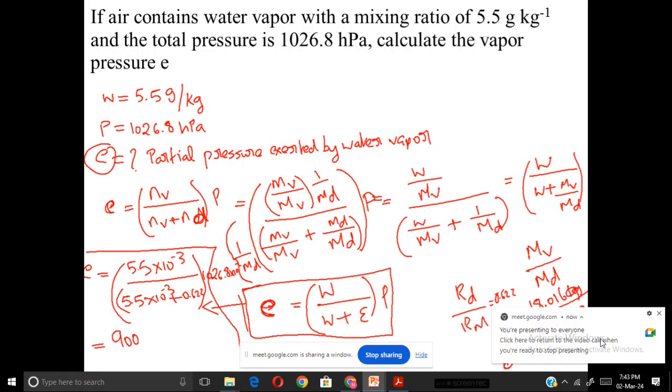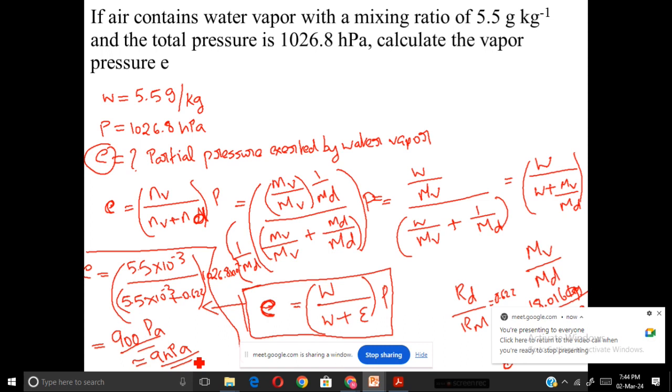So the value that you got is 900 pascal, which is equal to 9 hectopascal. So the pressure exerted by the water vapor present in the air is 9 hectopascal. So we calculated that.